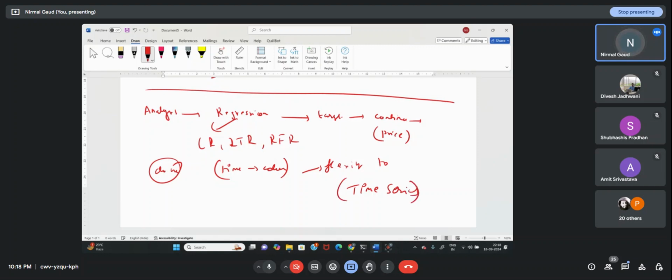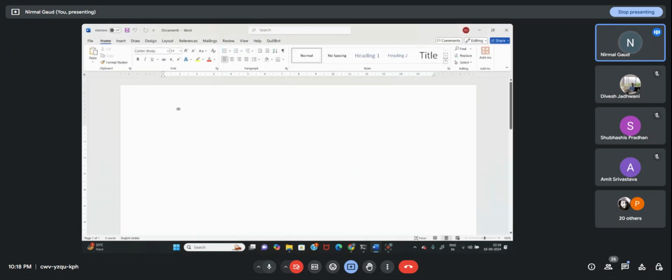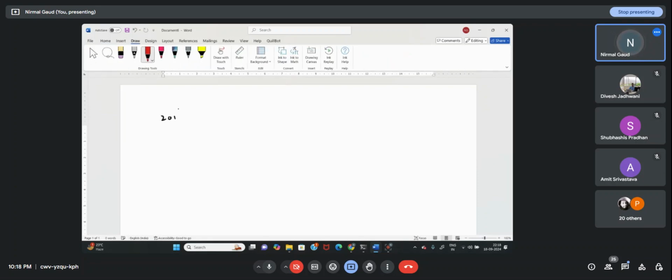And what happens in a time series is, because you are having time, that is the year 2015, you are having month, day, hour, minute, second, they all are in a sequence.